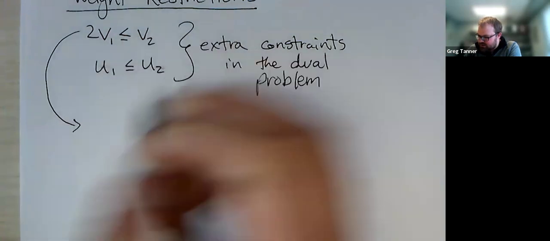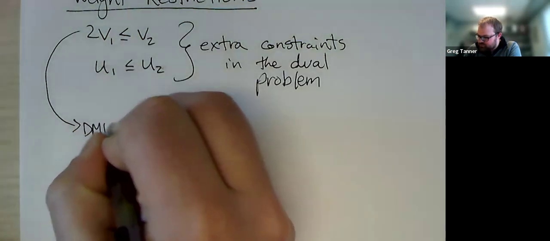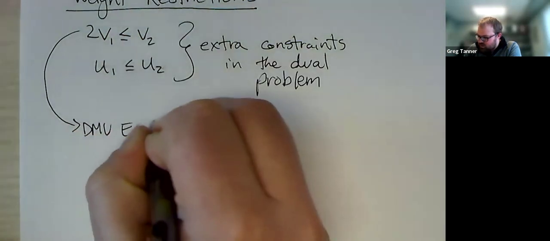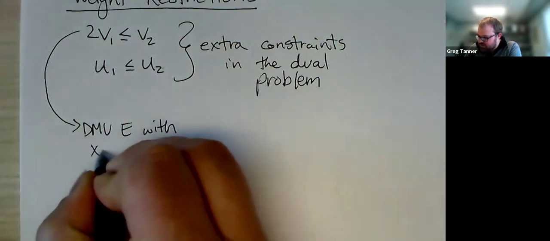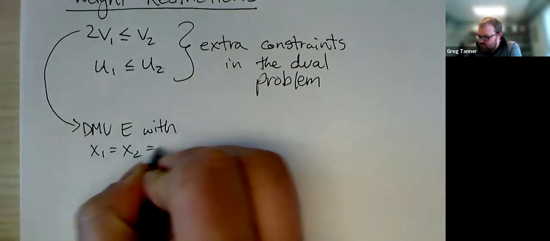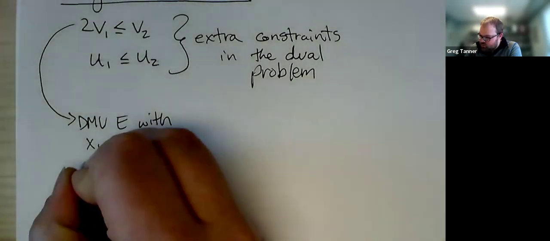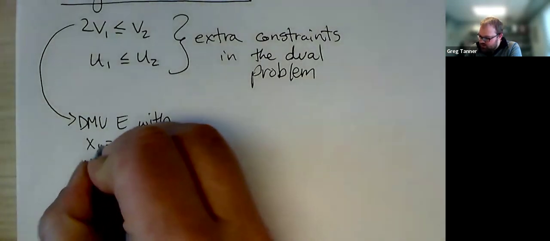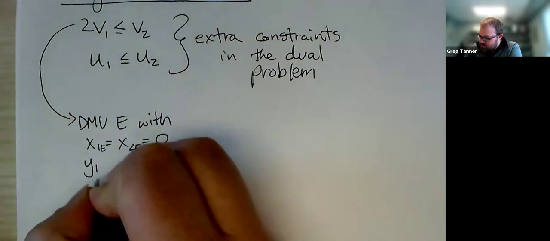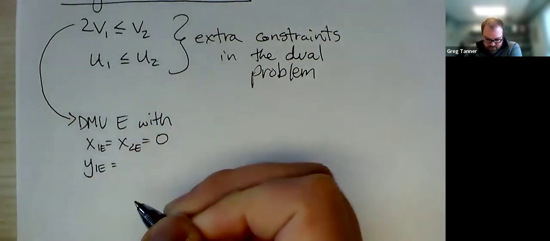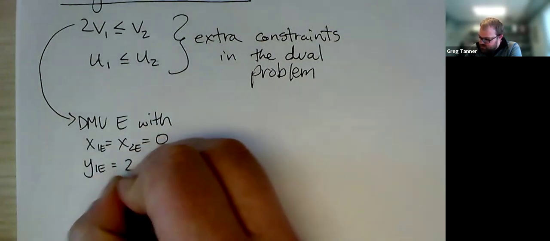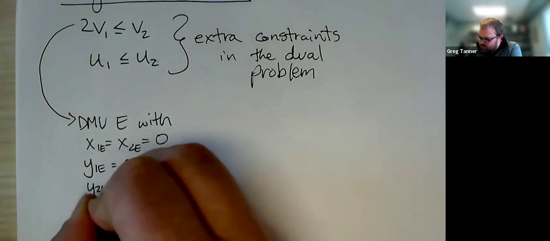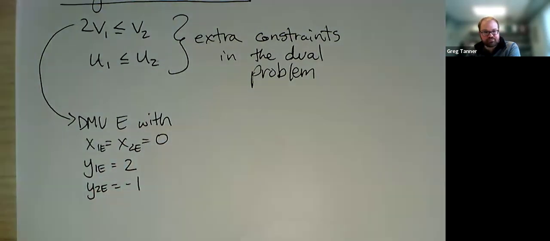This corresponds to a DMU E with X1 and X2 both 0, and Y1E equals +2 and Y2E equals -1.